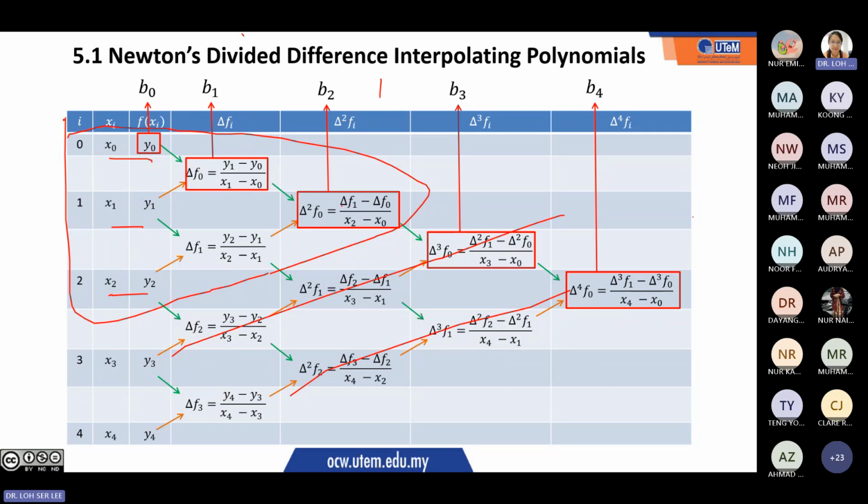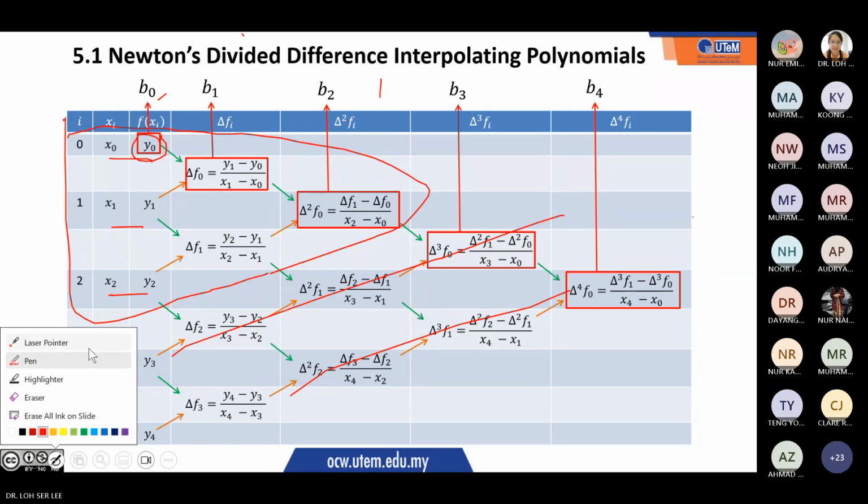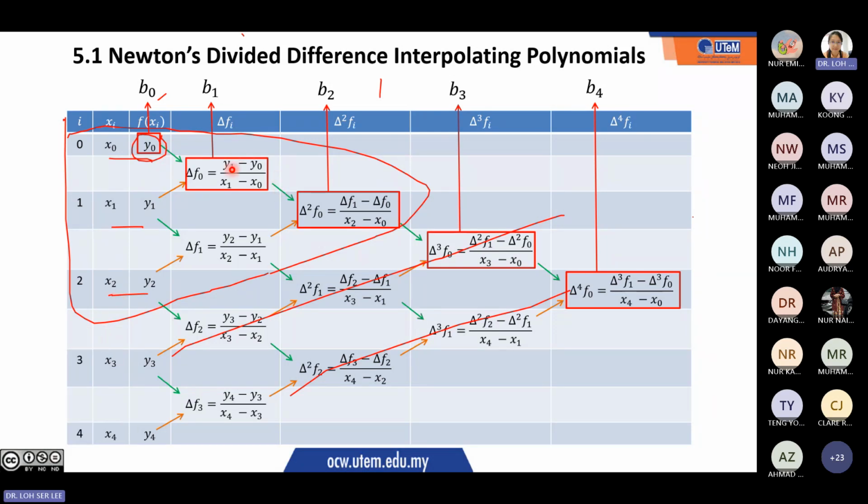After you construct the table, remember your y0 is your b0. So you just take the value from the first y value, that will be your b0. And the first value from this column is your b1, this is your b2, b3, b4.